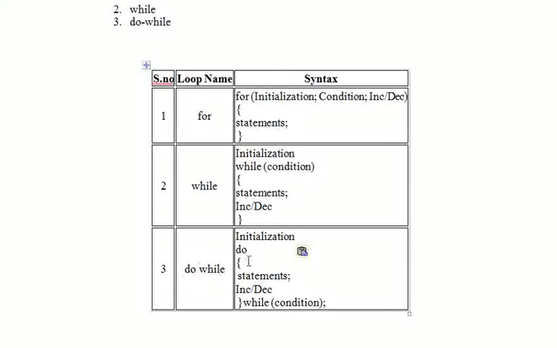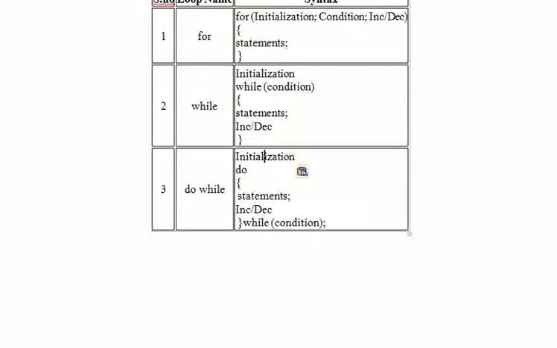In do while, it is the same as while, but the important thing in do while is that it will surely execute a single time. After executing one time, it will check the condition, and if the condition becomes false, it will not execute a second time.